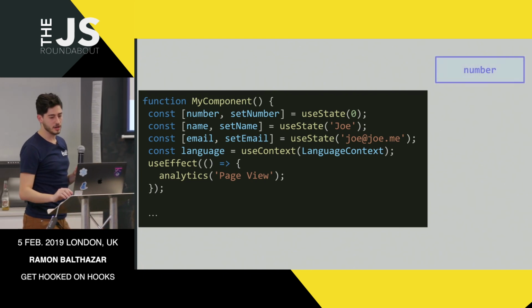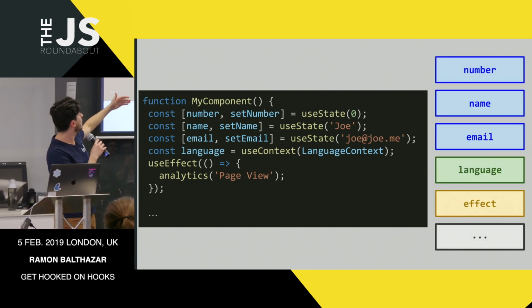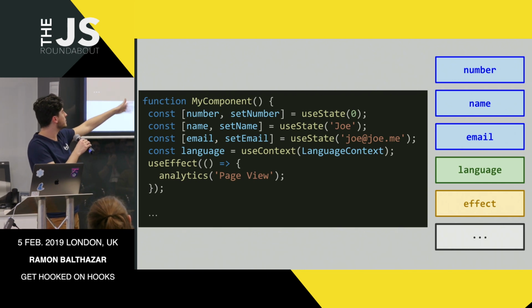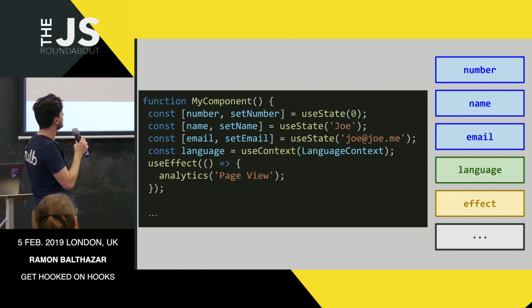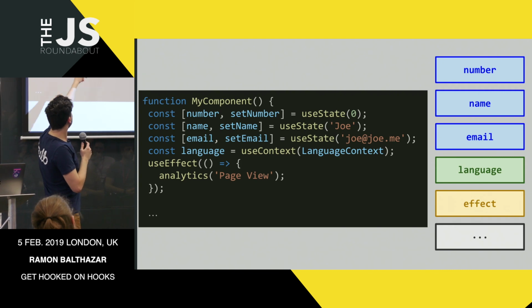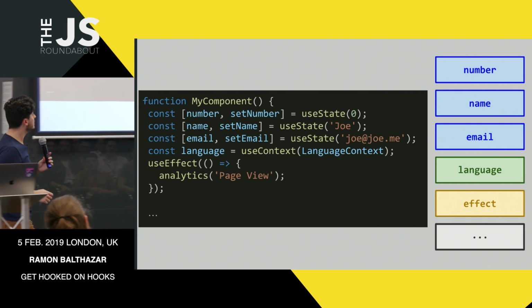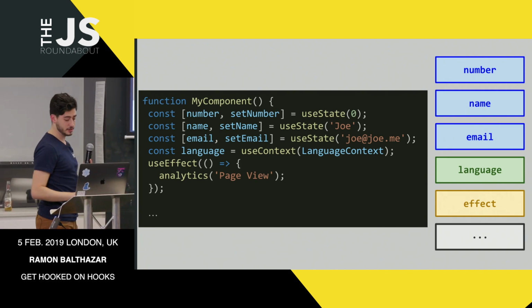The way it works, on the first render, it will create a map between the call and what should be in there. So you get a number from state first time, you get a name, you get an email, and it will all be mapped to that. On the next render, it will all come back in the same order.